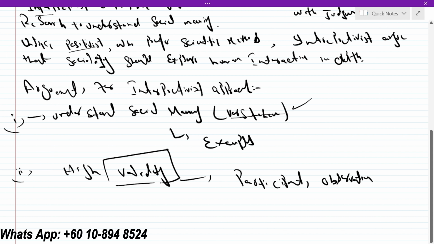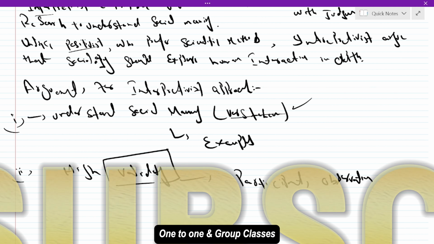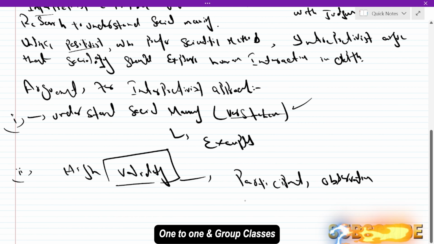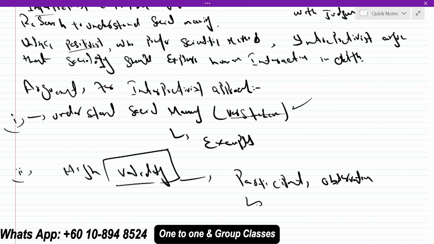So methods like participant observation provide rich, detailed understanding of people's actions, unlike quantitative data. Now you can see, again I am making a comparison. Unlike quantitative data, the qualitative method explores why people behave in a certain way, and that particular answer we cannot get from quantitative data. So this is something you have to provide in favor of the interpretivist approach.